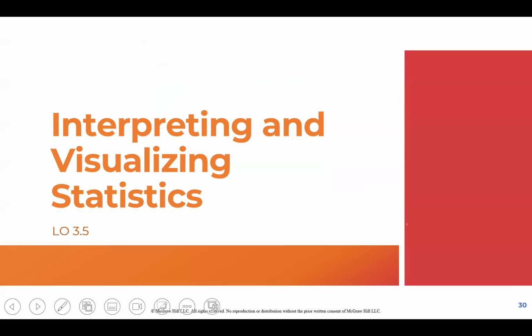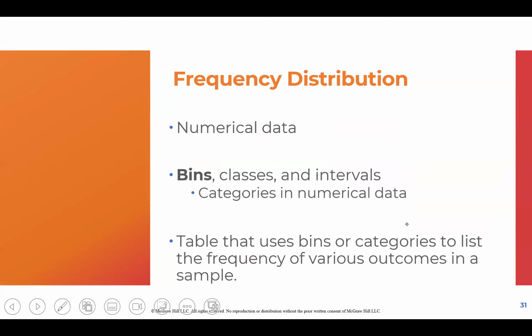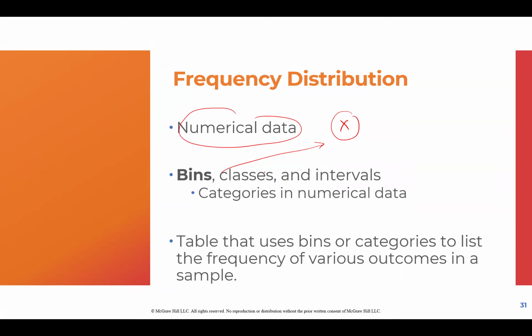Interpreting and visualizing statistics. When you have numerical data, so many values of X, you can create classes or groups of them. These are called bins. Then you can plot them. The frequencies in each bin can be counted.